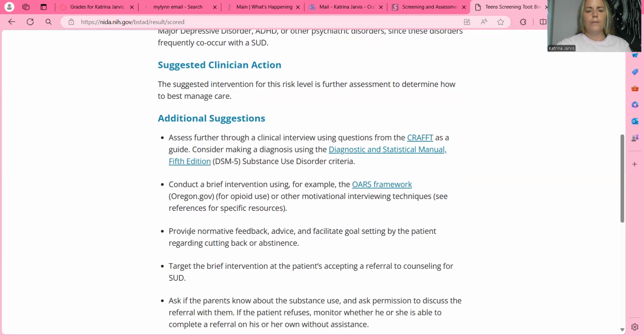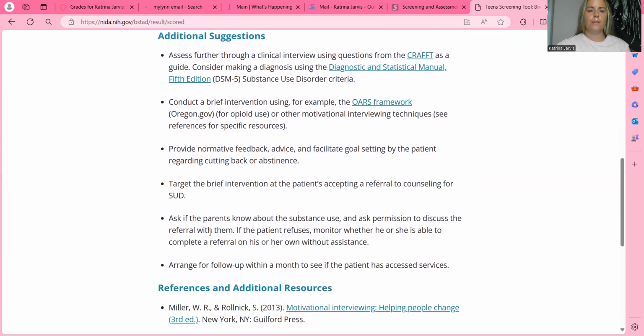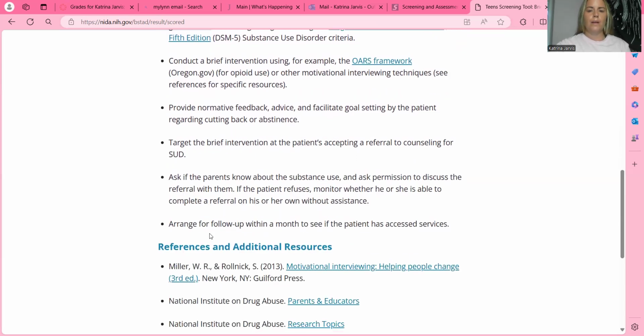And obviously, this is where the action part comes in. We want to provide feedback, advice, and facilitate goal setting by the patient regarding cutting back or abstinence. And at the patient's acceptance, a referral to counseling for substance use disorder.